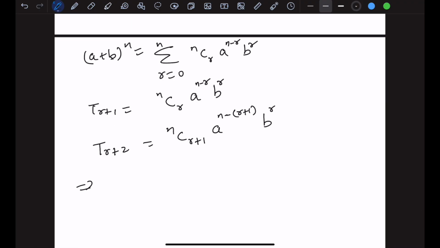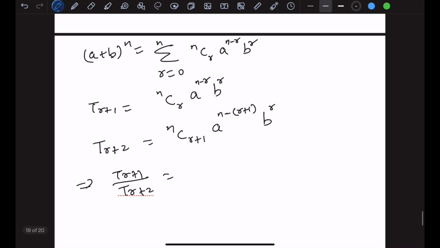Now what we do is T(r plus 1) divided by T(r plus 2), just to see what we get. To simplify, this can be written as n factorial divided by r factorial into (n minus r) factorial into a to the power n minus r and b to the power r.